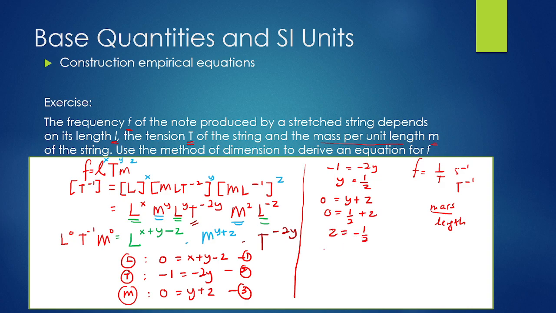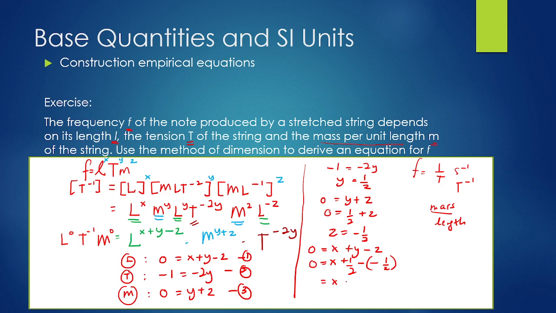Okay, so now we want to find the x, using equation number 1, x plus y minus z. x is the one we want to find. y is 1 over 2, minus z is 1 over 2.